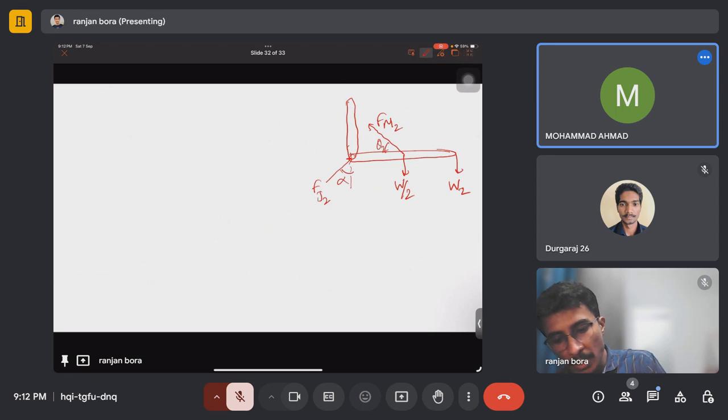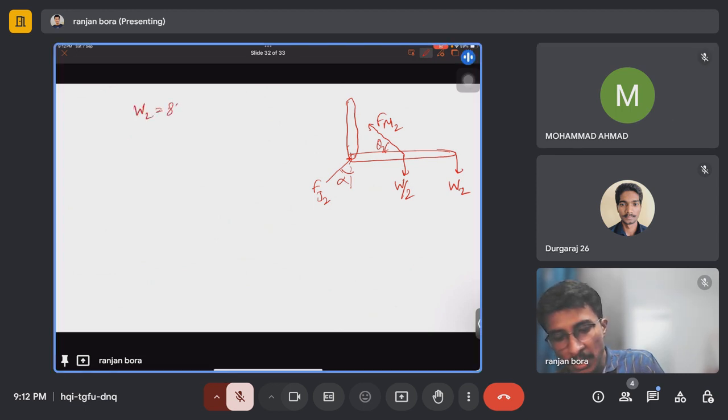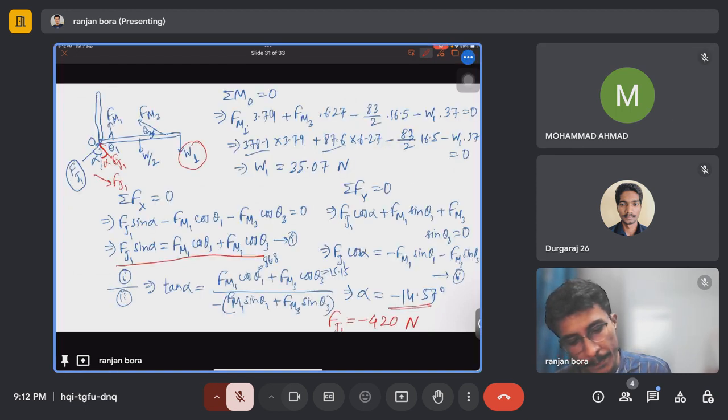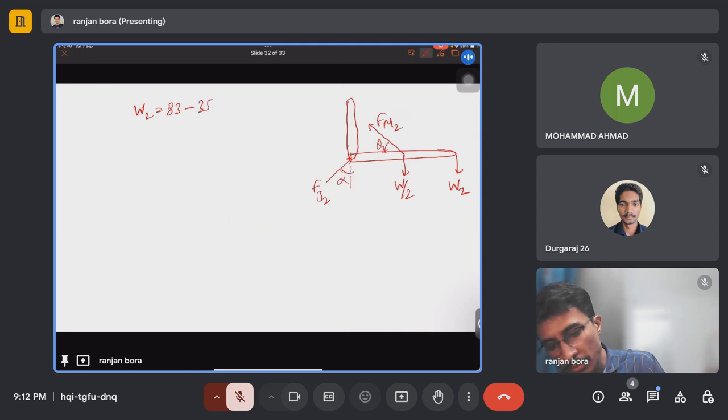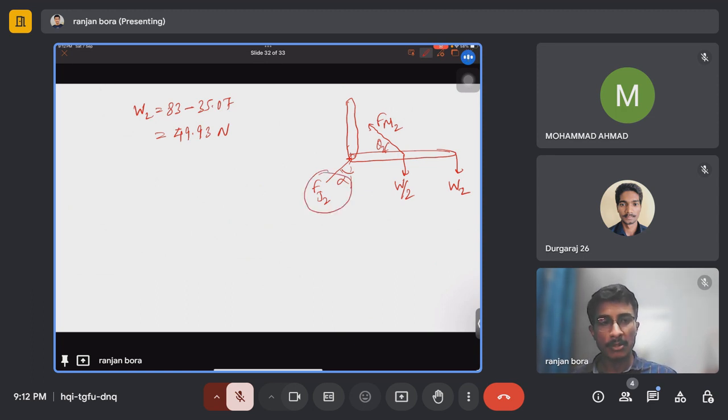So W2 will be 83 minus 35, it will be 49.93. Now I think you can find out these values using the same method as the previous problem.